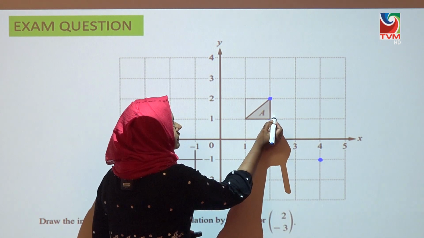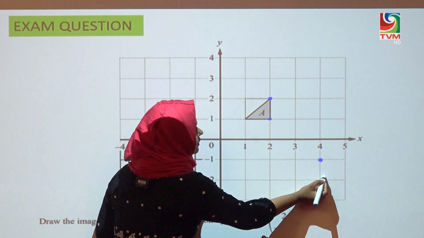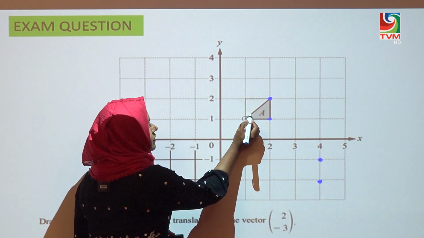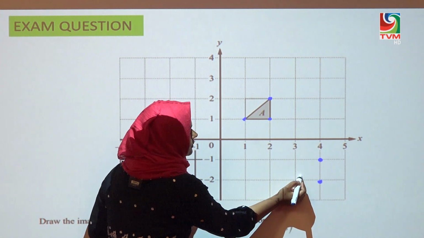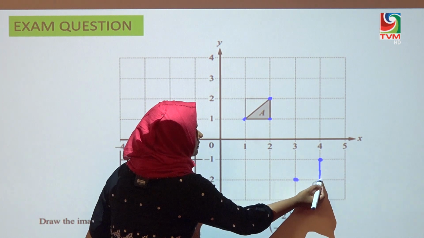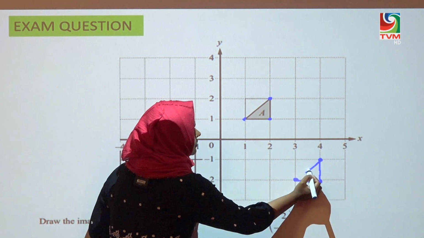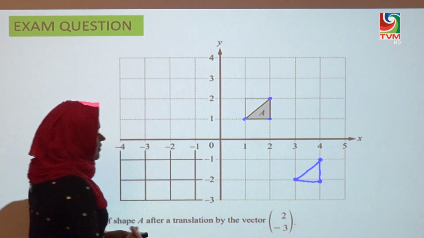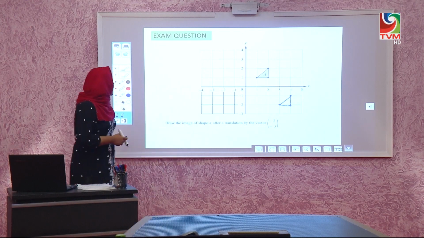Now this point here is 1 square down, so the point goes here, and the point here is 1 square across here. So this is the image of triangle A after a translation by the vector 2, minus 3.